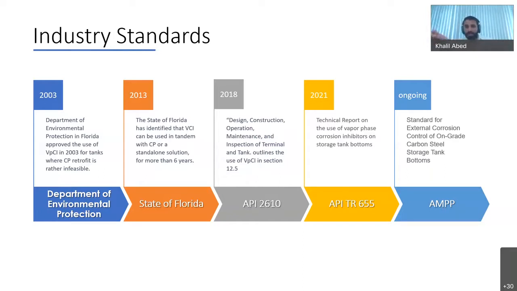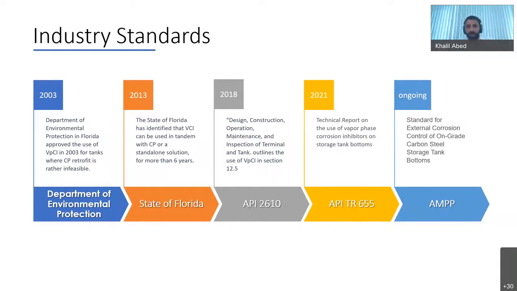A technical report was published by API in 2021, so April last year, API Technical Report 655. It provides detail on utilizing volatile corrosion inhibitors for protection of the soil side of tank bottoms.